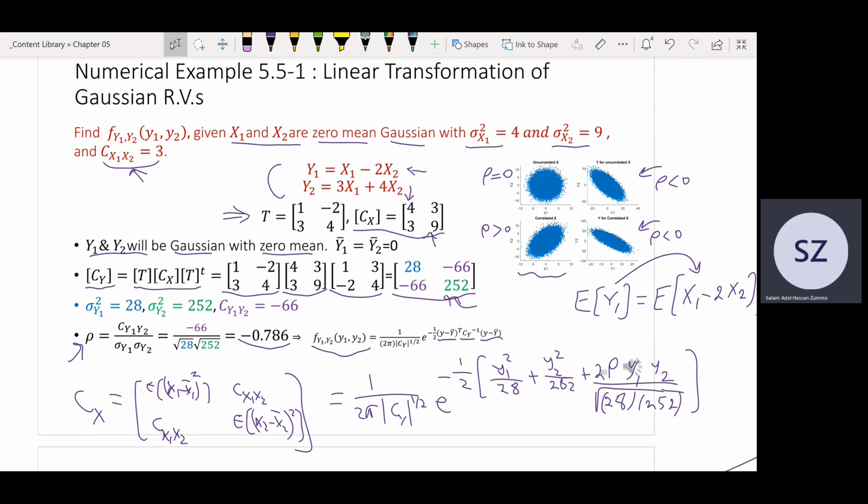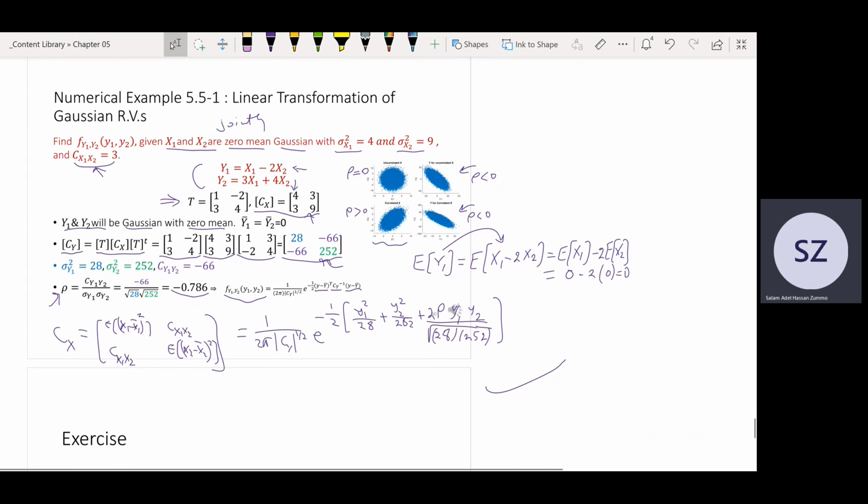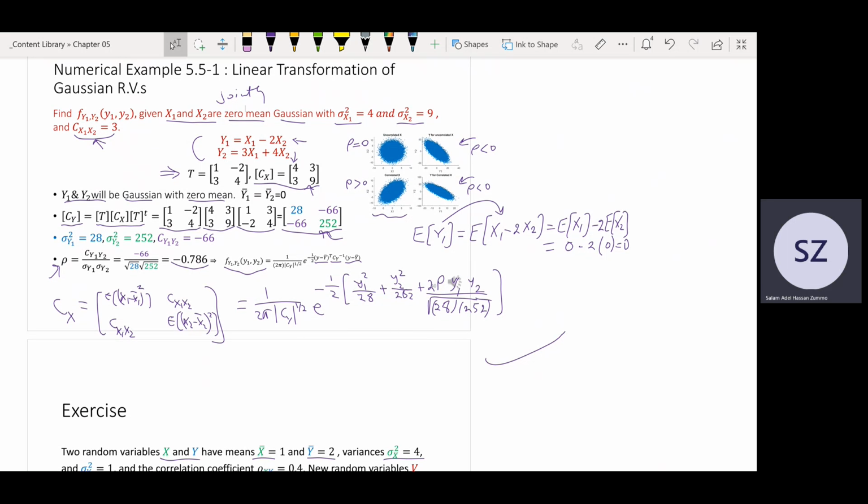Now, going back to the previous question, jointly Gaussian. If I ask you one more question here, we already found the covariance of y, we found the correlation coefficient, and so on.